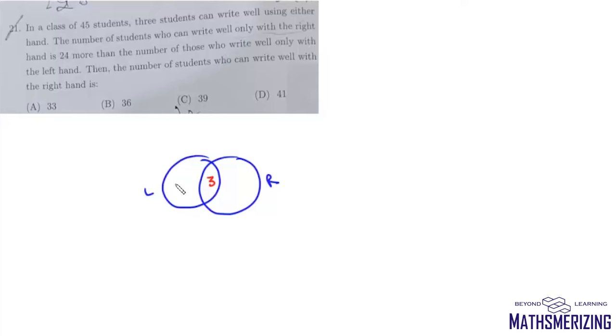Now suppose only with left is x, then this is x plus 24. Now total number of students is 45, and these 45 students, they can either write from left or right or both. So that means this x plus 3 plus x plus 24, it must be equal to 45.